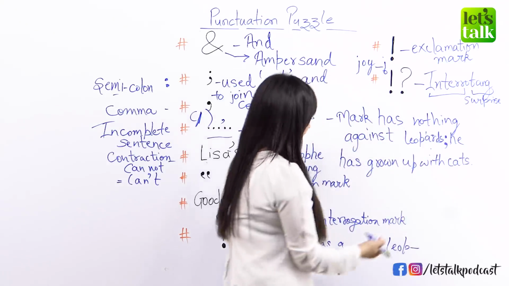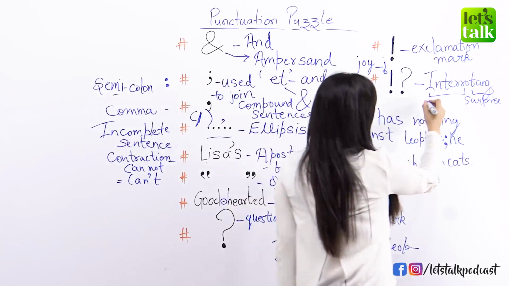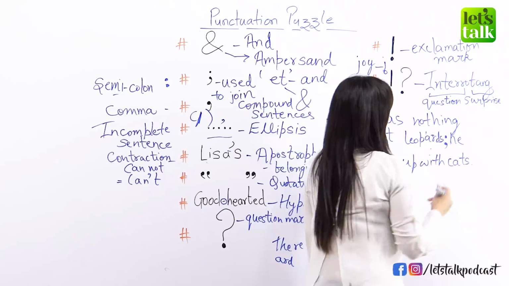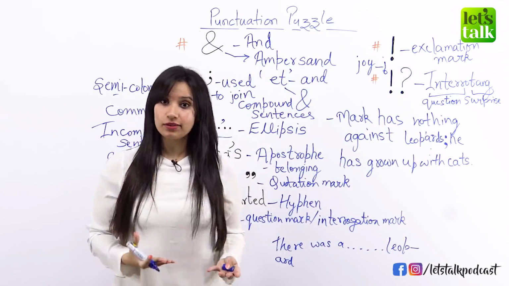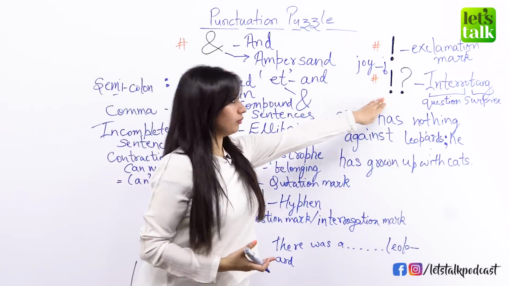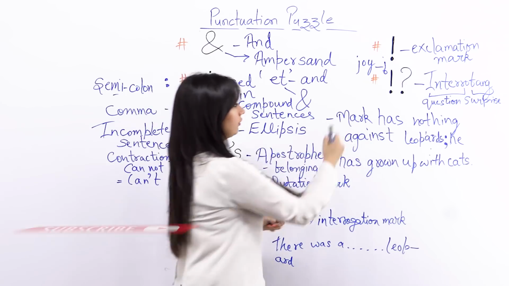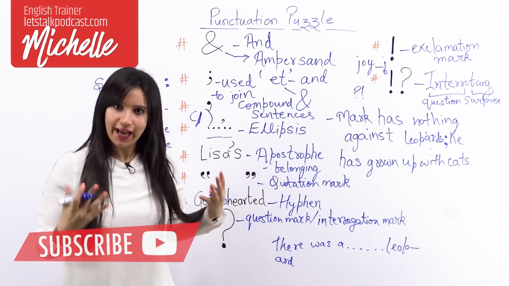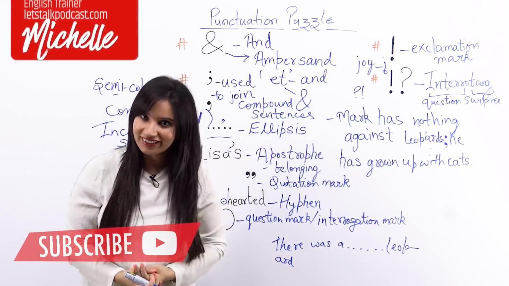And interro, as I told you, an interrogation mark means a question mark. So whenever you ask a question about something which you're very surprised about, you can put a question mark and an exclamation mark together. They can go in any order. You can also write this way. What? Did that really happen? So you're shocked also, and you're asking a question as well.